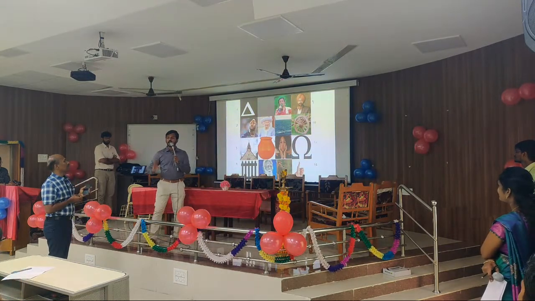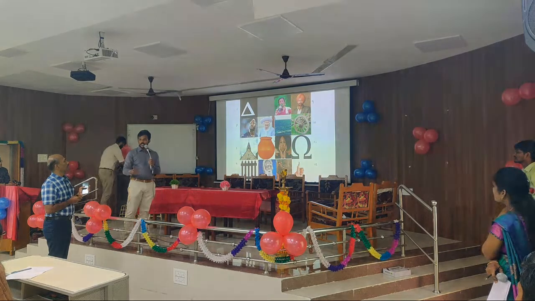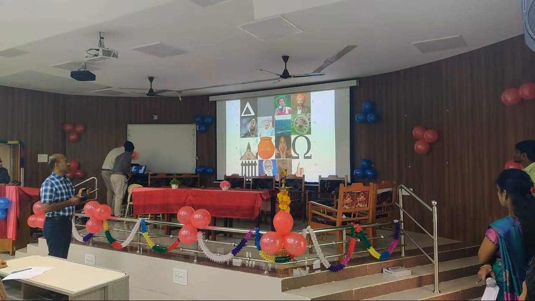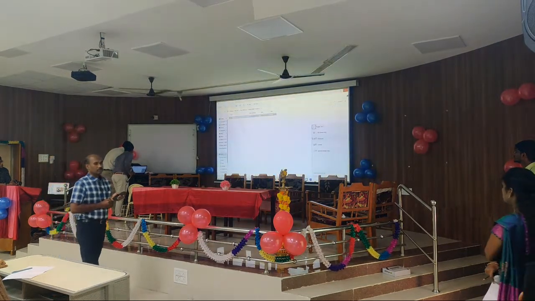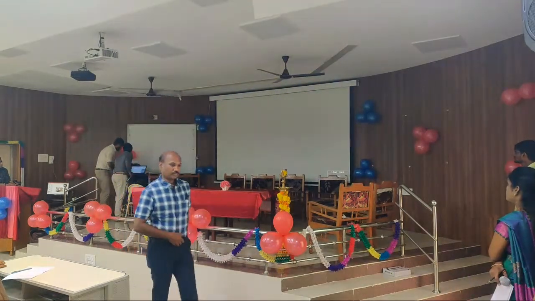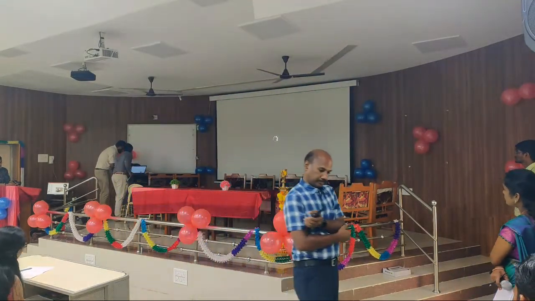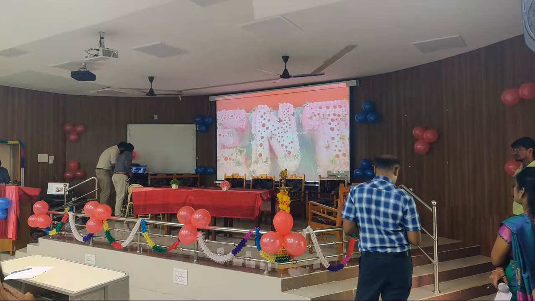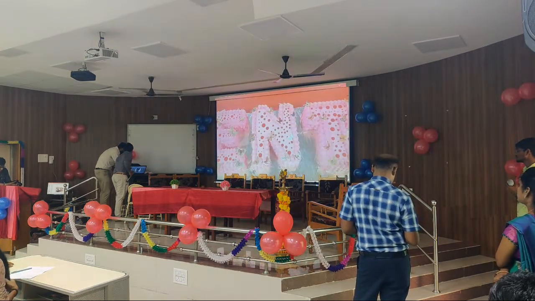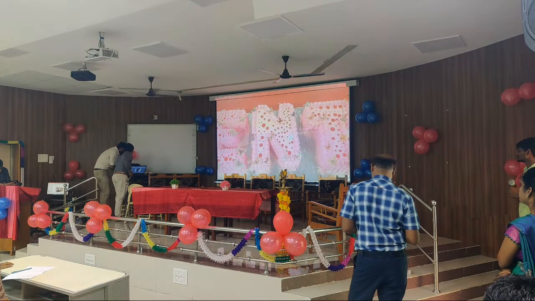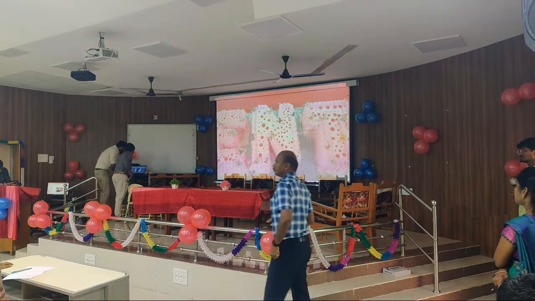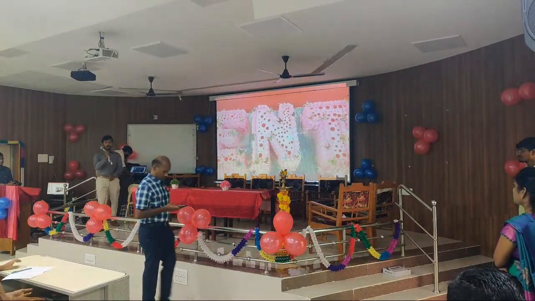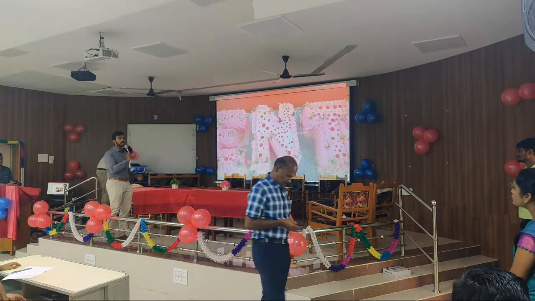So wait, I will make those two images disappear. You could guess the big picture. Those two images have been vanished.